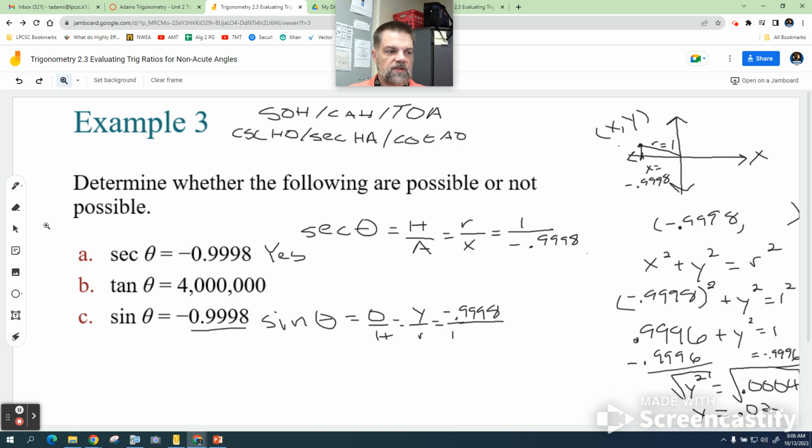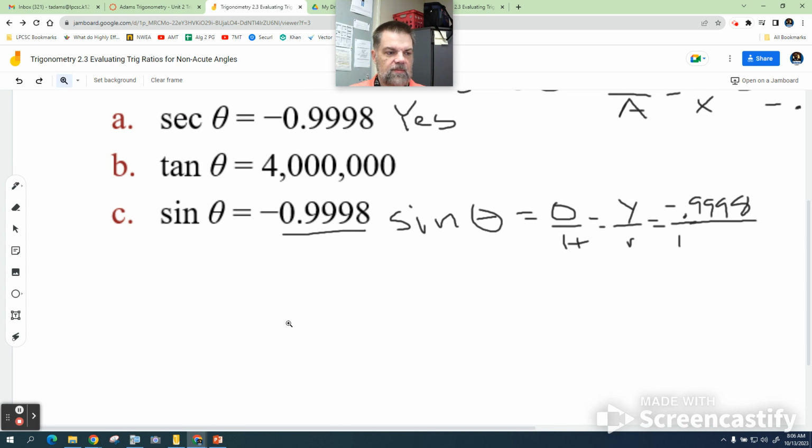I'm going to zoom in too because I'm starting to run out of real estate on this bad boy. So somewhere over here, I've got my xy plane. Where is y negative? Well, somewhere, y is negative down here somewhere. So the triangle could be here or the triangle could be here. It doesn't matter. But what we got to do is see if it's possible.